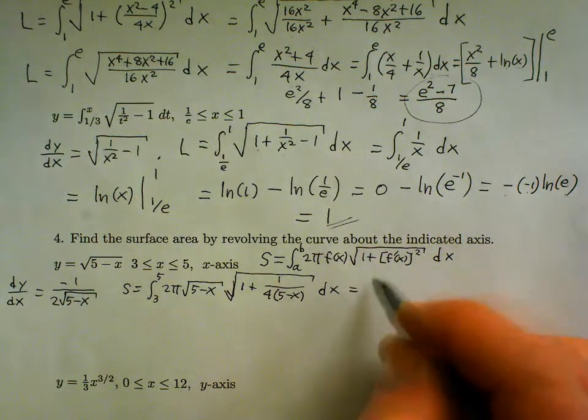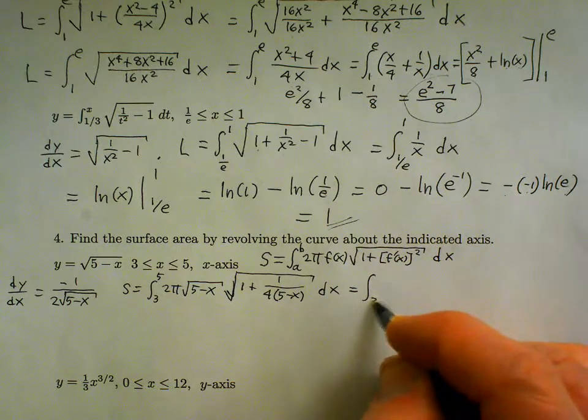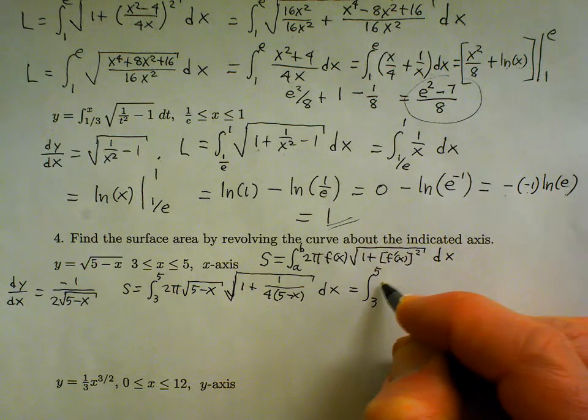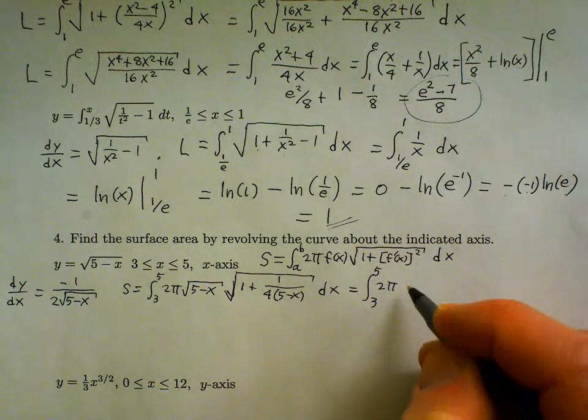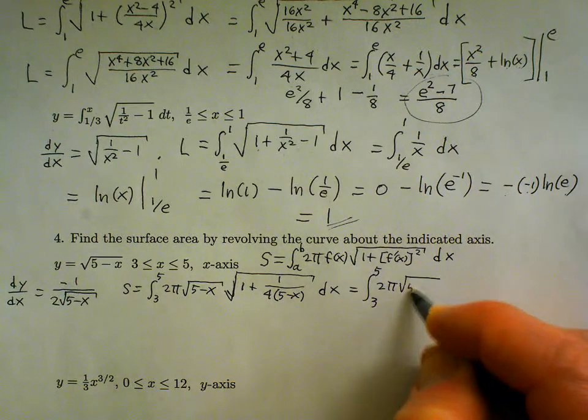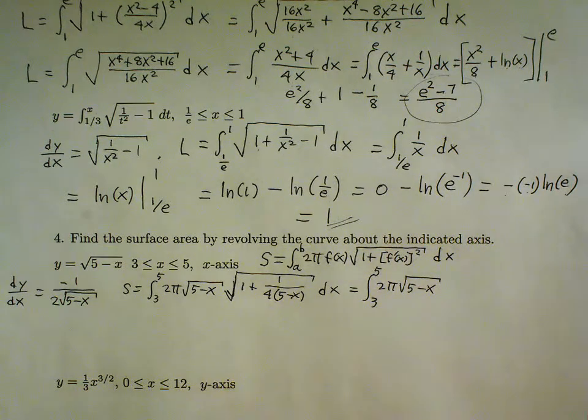So we'll do some arithmetic. The common denominator inside the square root is 4 times the quantity 5 minus x.